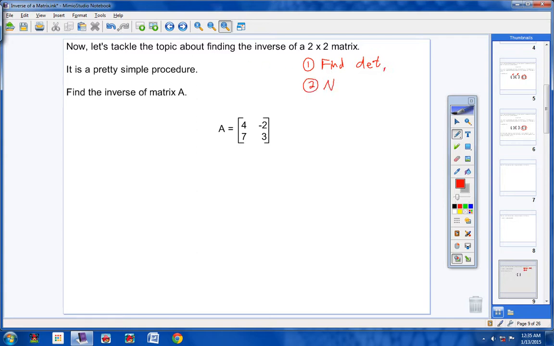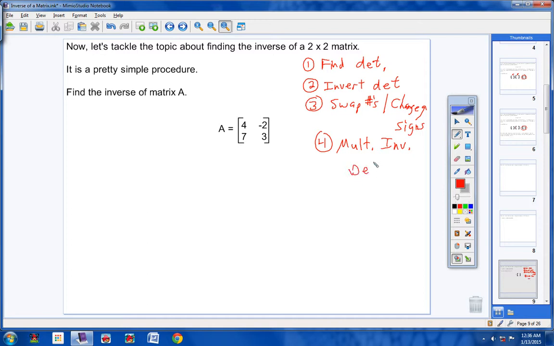Invert the determinant. Swap numbers. Change signs. Multiply the inverted determinant through the matrix.